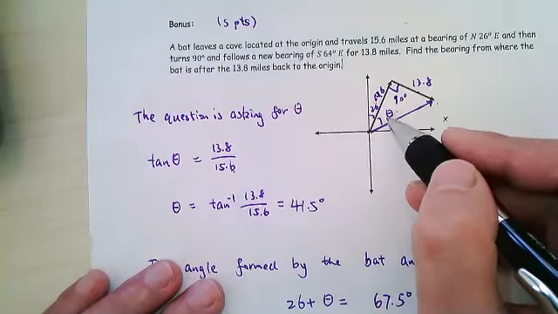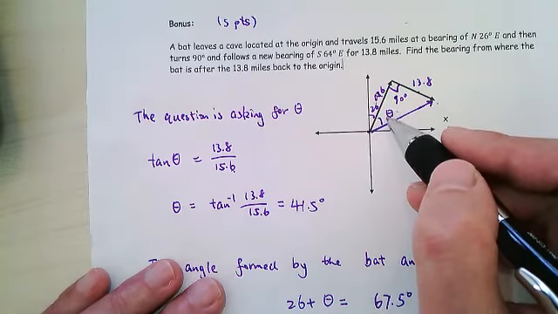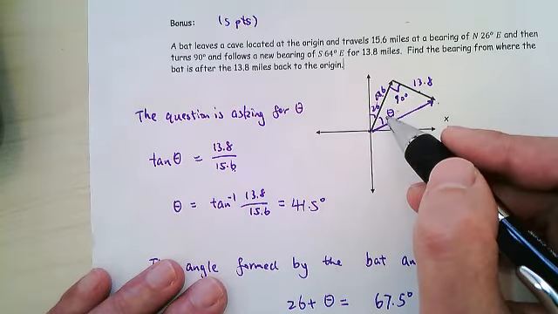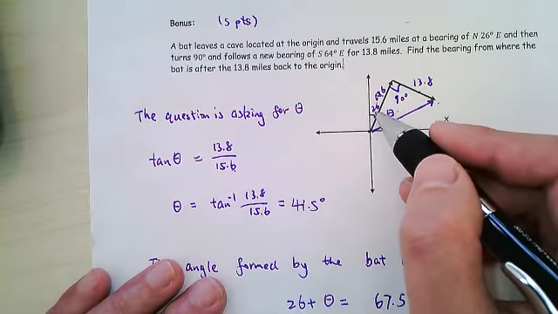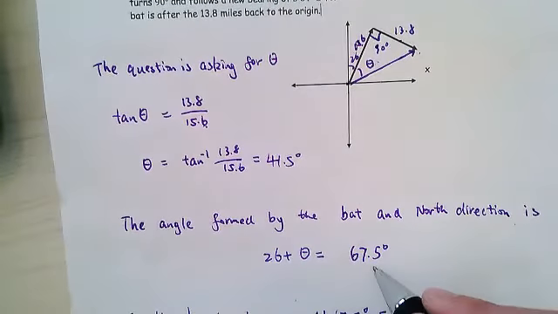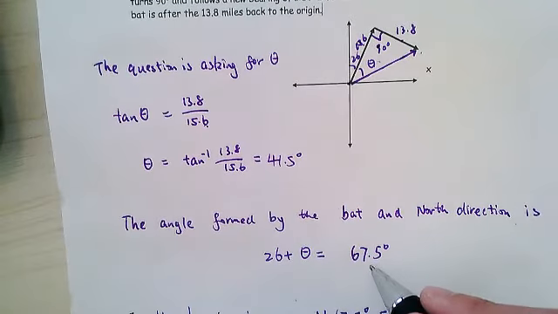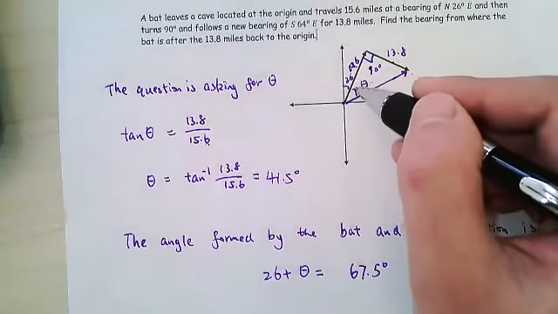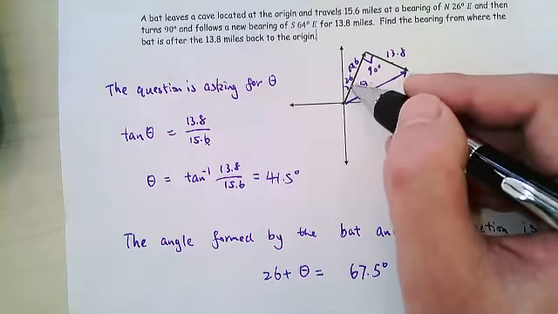However, that's not our final solution yet. We need to write the bearing in the standard form. Notice that this angle is 41.5, and this angle is 26 degree already. So the overall angle is 67.5, which means this angle is 67.5.